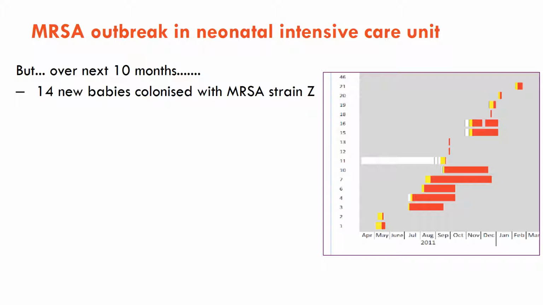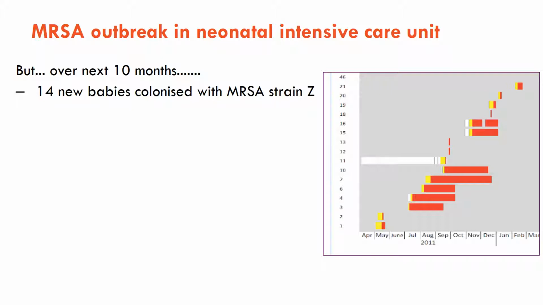Over the course of the 10-month period, 14 new babies were colonised, and some of them developed significant infections. Each horizontal bar in this diagram represents one of these babies from the time of admission to discharge.